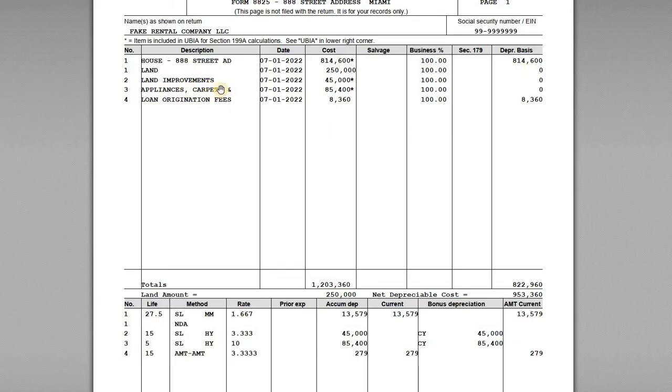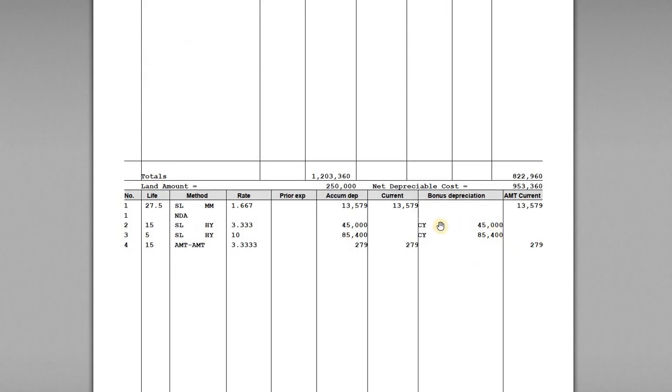The land improvements and the appliances, carpets, all that stuff, that's 5-year property. All of that is being subject to bonus depreciation. So that's why we see here we have current year amounts for bonus depreciation equal to whatever the cost was. We can see the current year deduction for the house itself, $13,579, and then the amortization expense for the loan origination cost, $279.